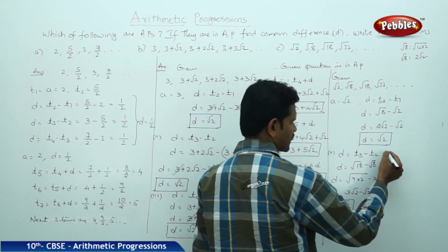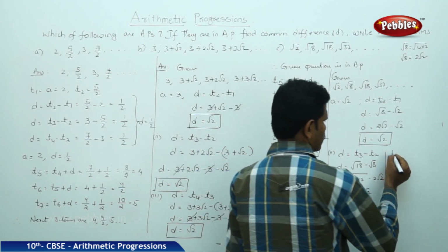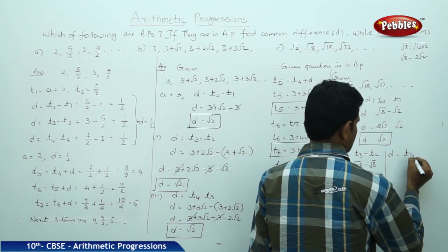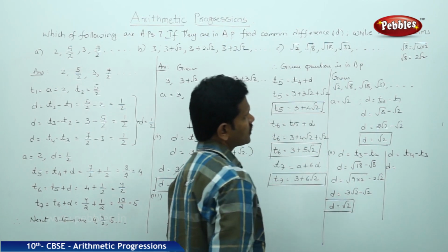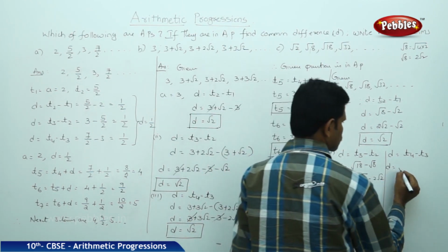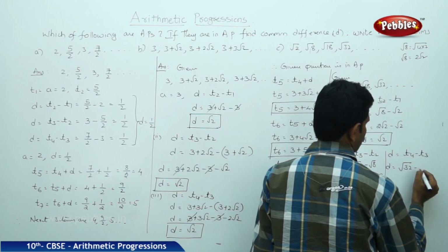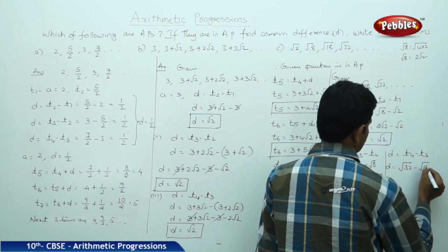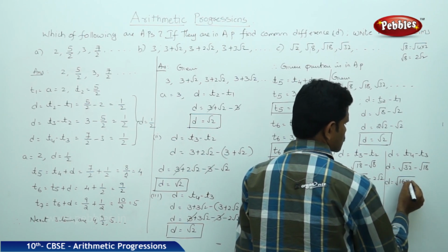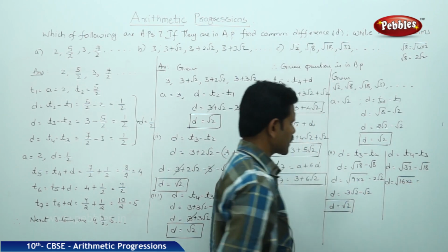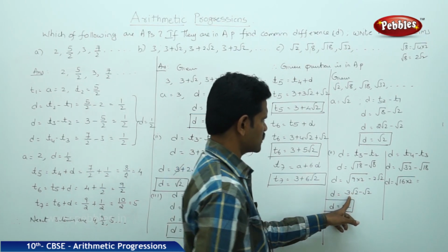We'll come to the third case. D is equal to T4 minus T3. D is equal to, T4 is root 32, T3 root 18. This can be broken down as 16 into 2, and root 18 nothing but the simplified form is 3 root 2.